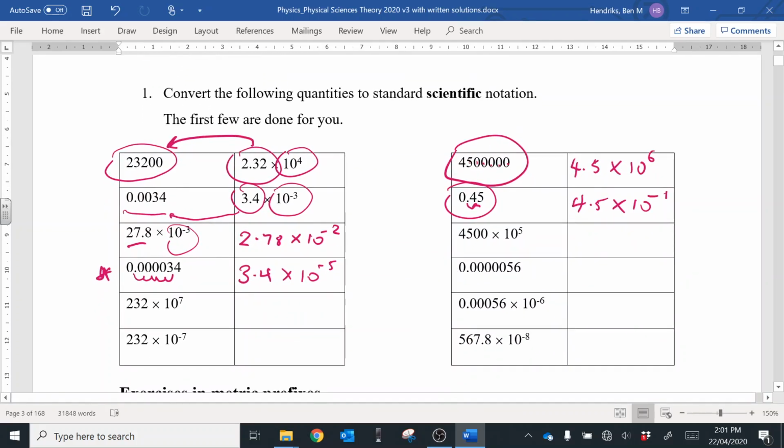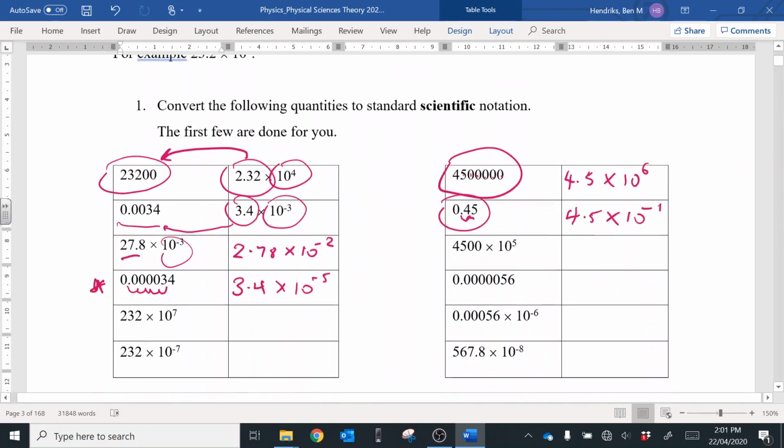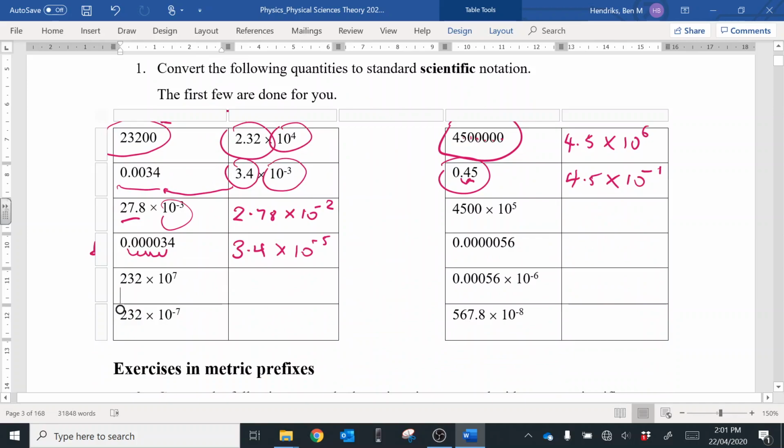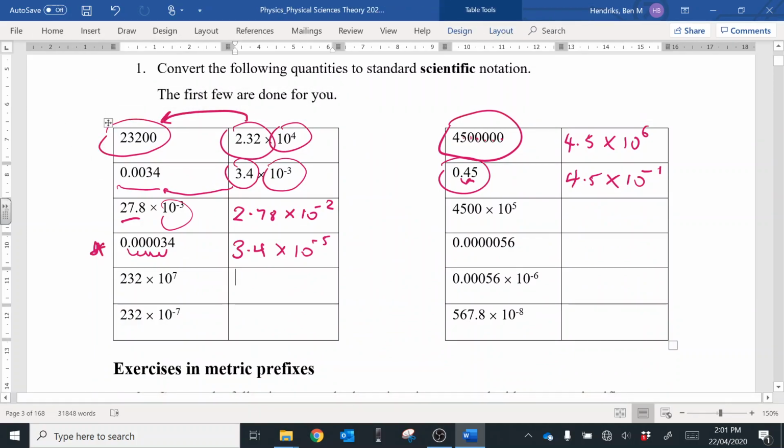Alright, let's keep on going with this one here. Okay, so we've got 232 times 10 to the 7, so we want to express that as 2.32. If we just focus on the first part, we've got times 10 to the 2.